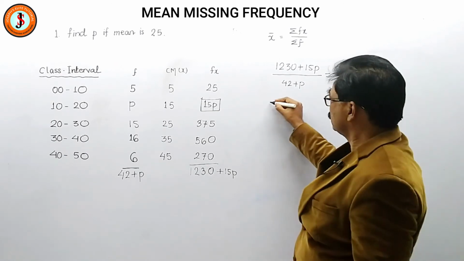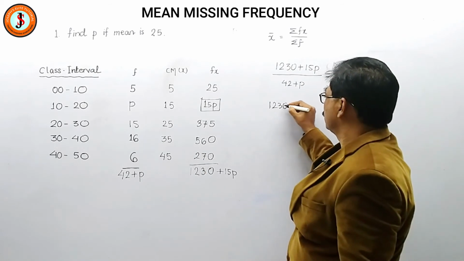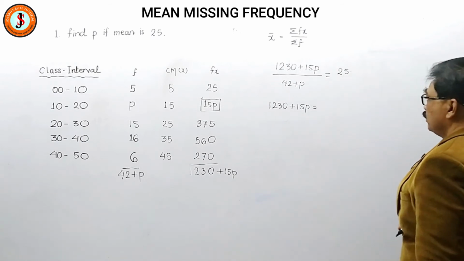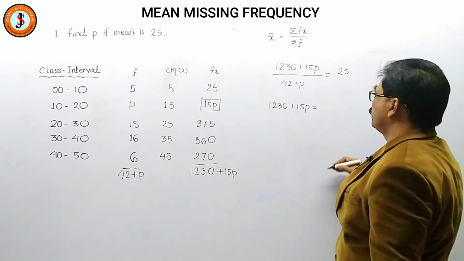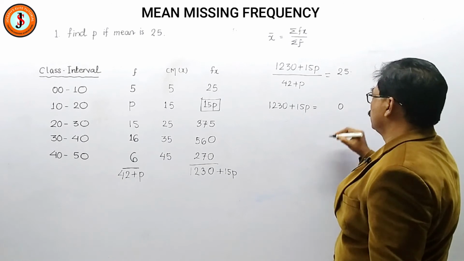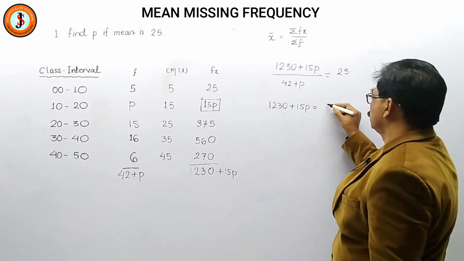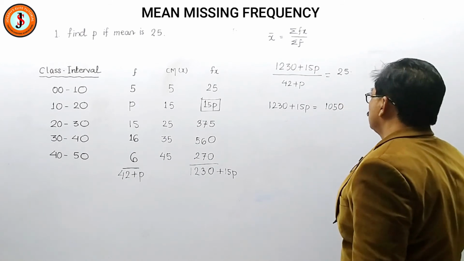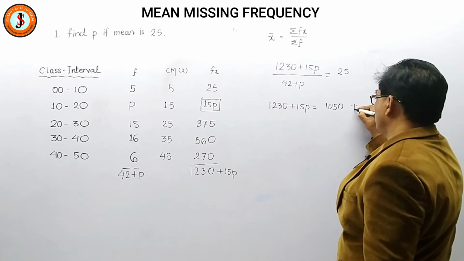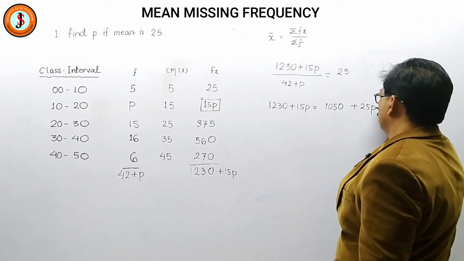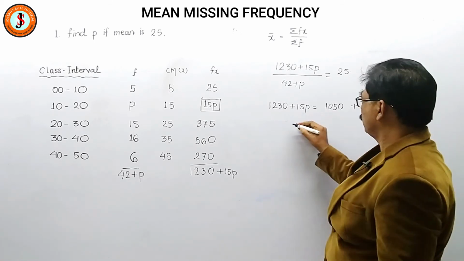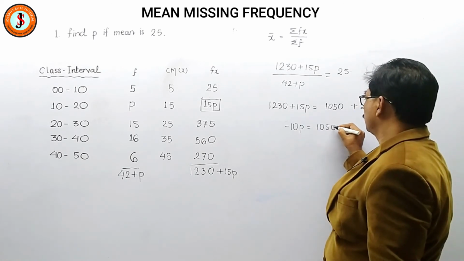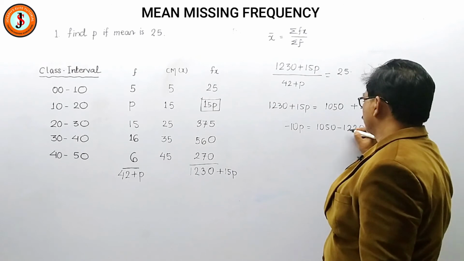So now this goes this side, so 1230 plus 15p is equal to 25 into 42, so this will be 1050 plus 25p. Now that means what do we get? 25p minus 15p is equal to 1050 minus 1230.